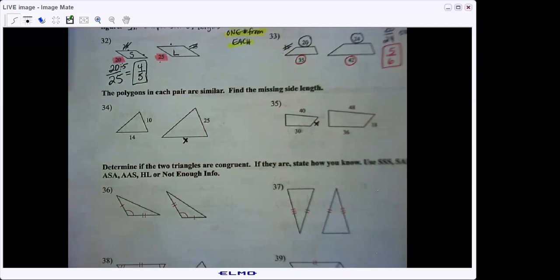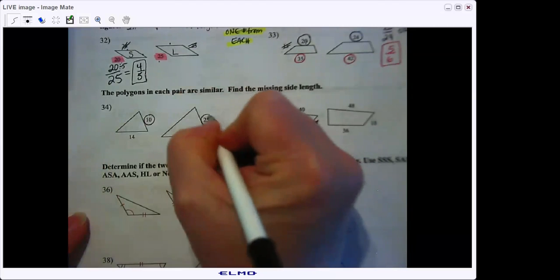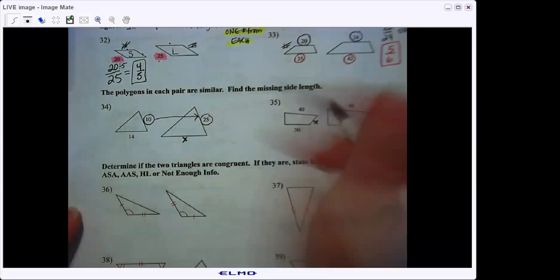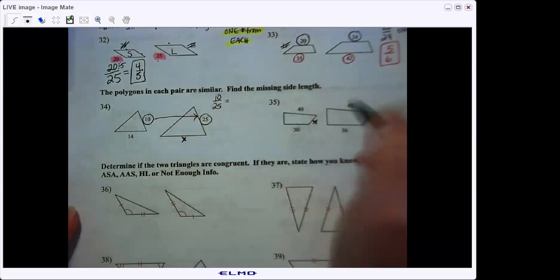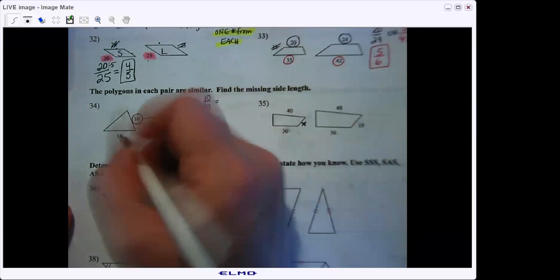We're going to do a few different ways of doing this. If I look at the scale factor, I would do the right side and the right side. See, those correspond to each other. So I could go 10 over 25 is equal to, somebody tell me what the other side would look like. 14 over x. 14 over x, okay?